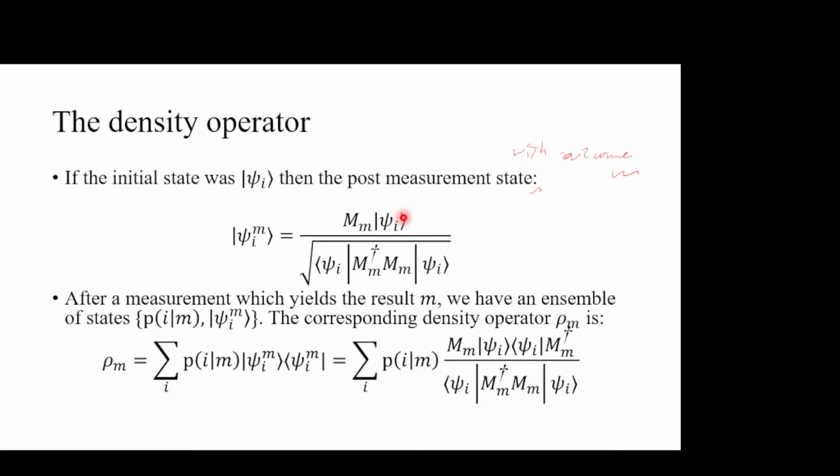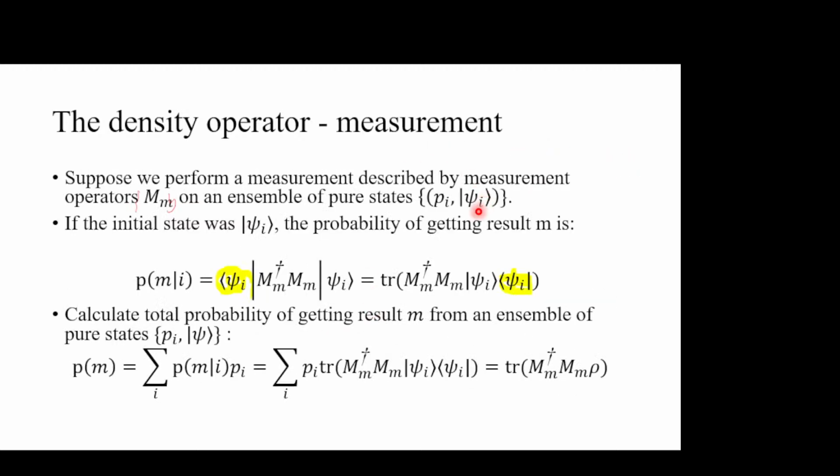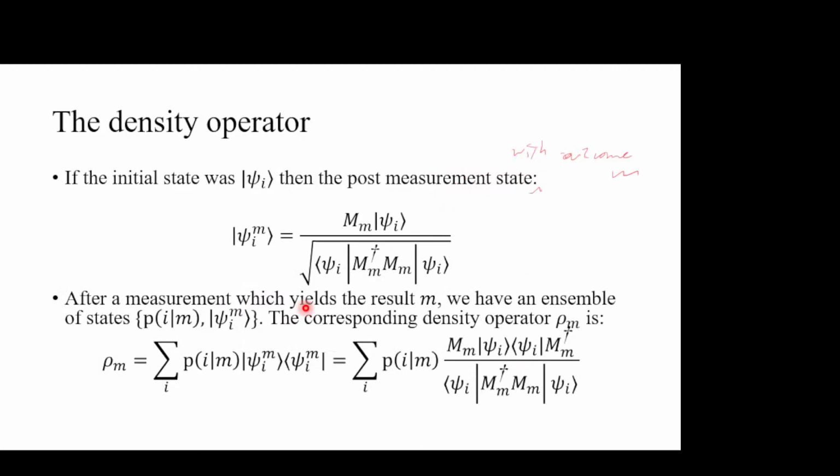So this is if the initial state is psi_i, and now we need to do a kind of hard calculation. Now we have a lot of different states. So we have the input state being different psi_i with different probability, and we want to see what's the outcome density matrix.